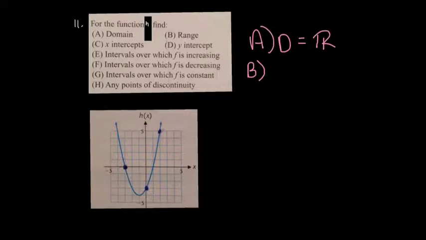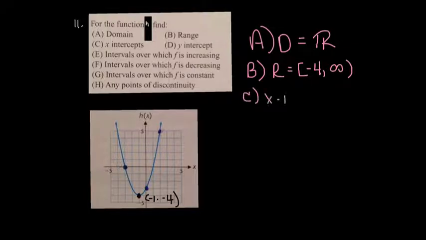This is the point -1, -4. The range value there is the y-coordinate, which is -4. So my range starts at -4, and then that function goes up forever. So it would be -4 to positive infinity.